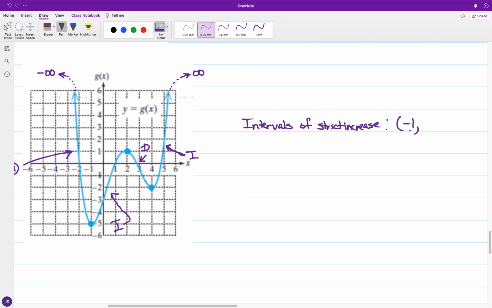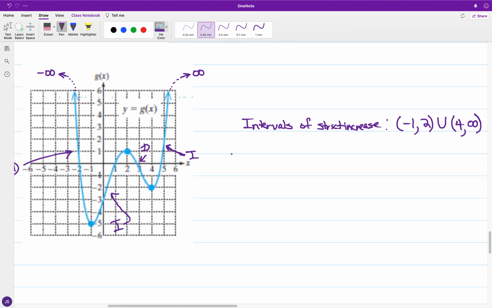So you have between -1 and 2. That's for the first increase, and then for the second and last indicator of increase, we have going past x is equal to 4, and again we have running out in the direction of where x is going to be tending to infinity.